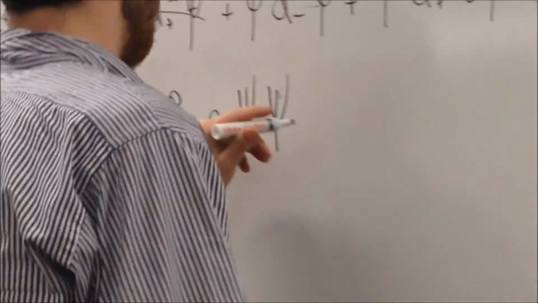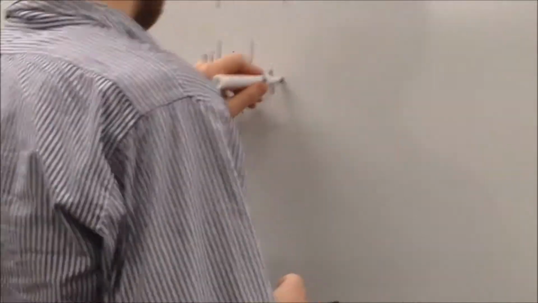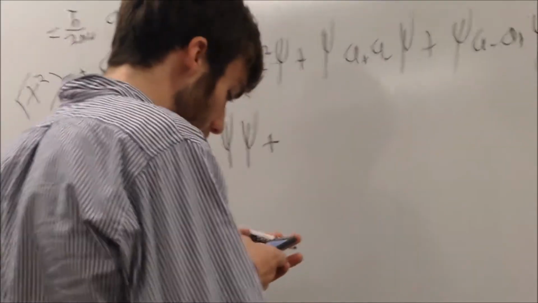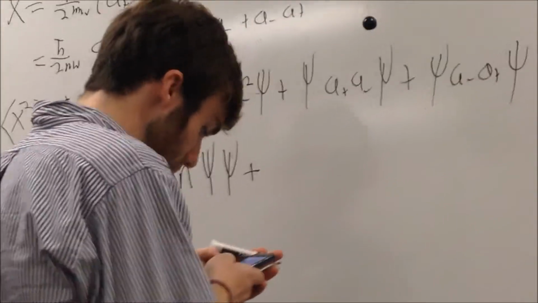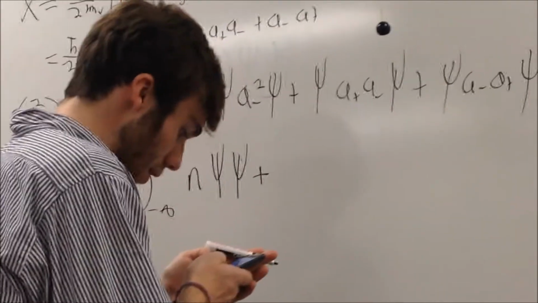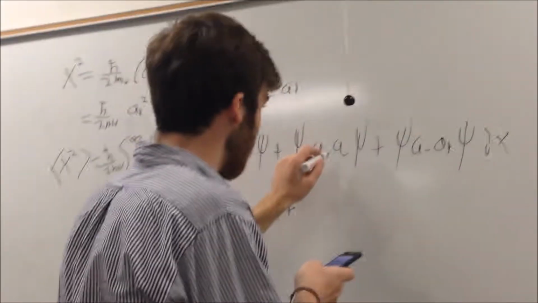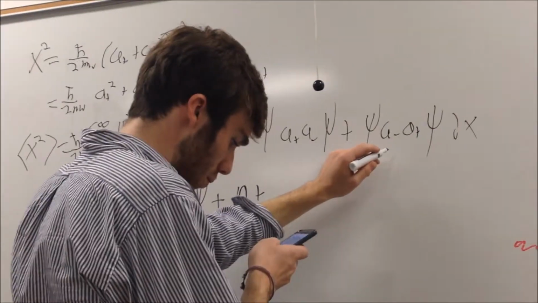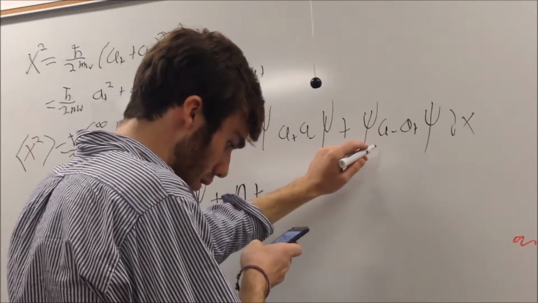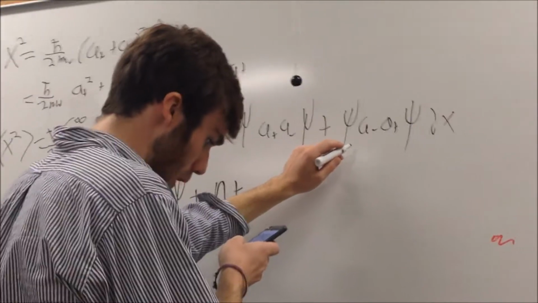I just don't feel like writing a star because it's a real function anyway, especially in this case. And then I will pull out an n plus 1 for this one. This one brings an n, this one brings an n plus 1.